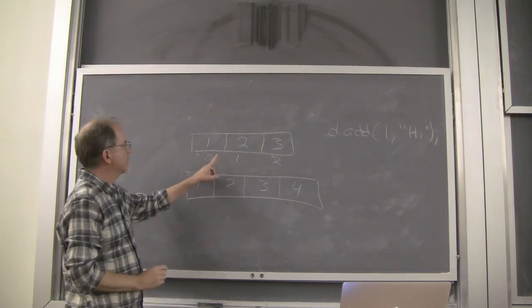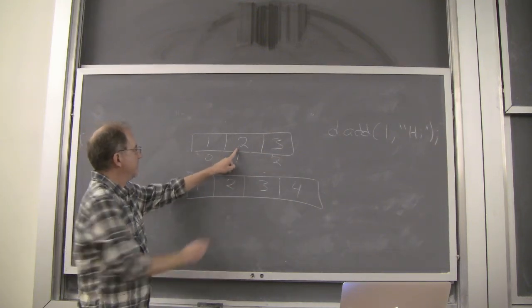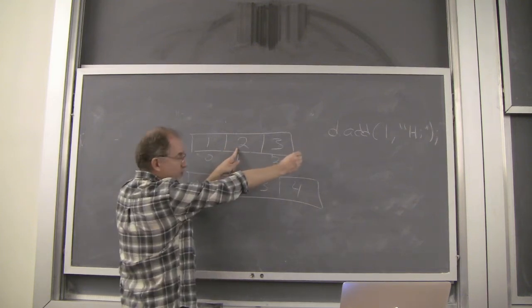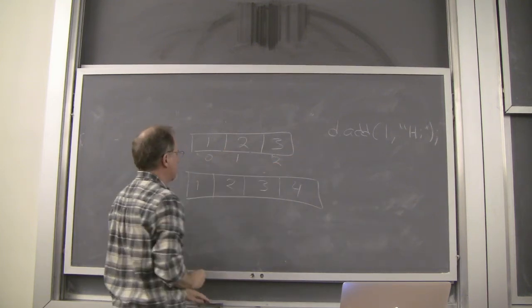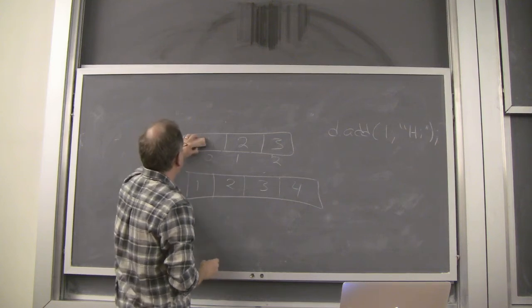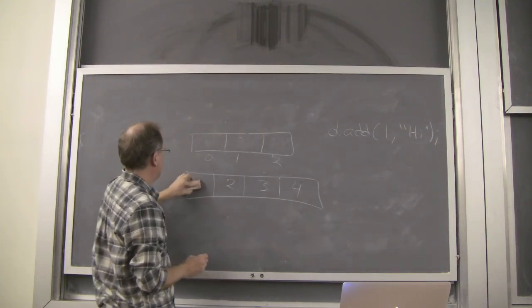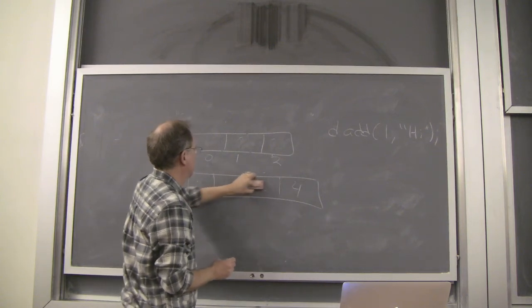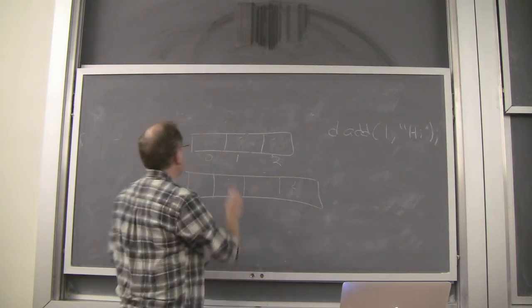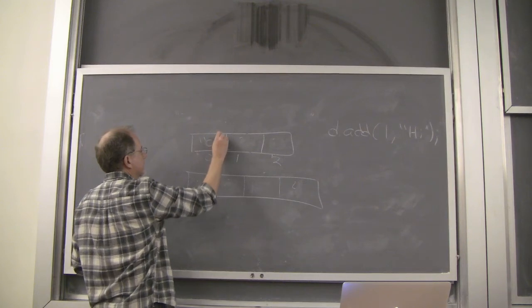I'm saying I want to take this and shove it to the right, make a space, and put that value in there. So I need to go back to strings here, I guess, because we're working with string element types. And I will make them very simple strings.